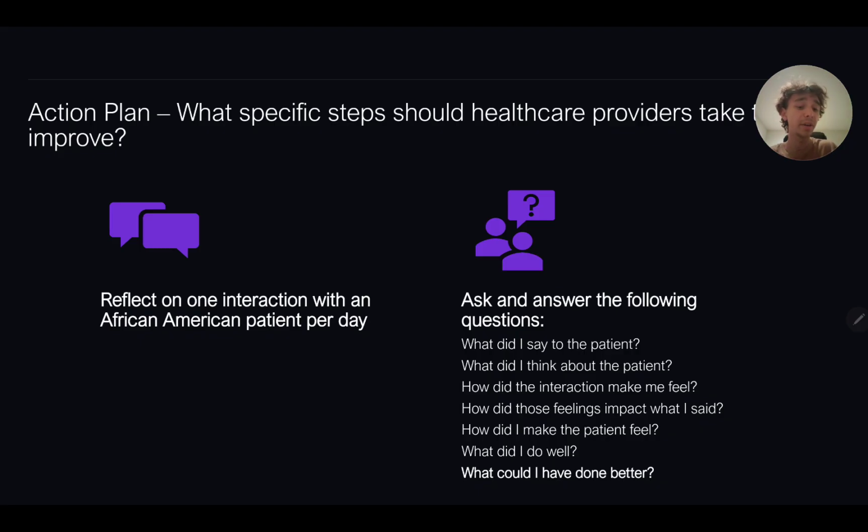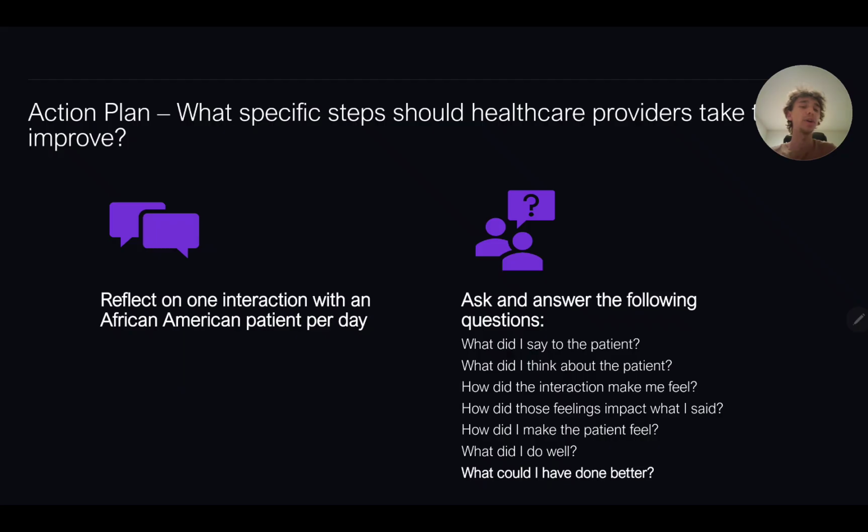And what could I have done better? And of course, I feel like in every interaction there are certain things we can improve on, especially intercultural ones, where we might not be as comfortable based on the feelings that we have towards the patient. So what did I do well, and what could I have done better?